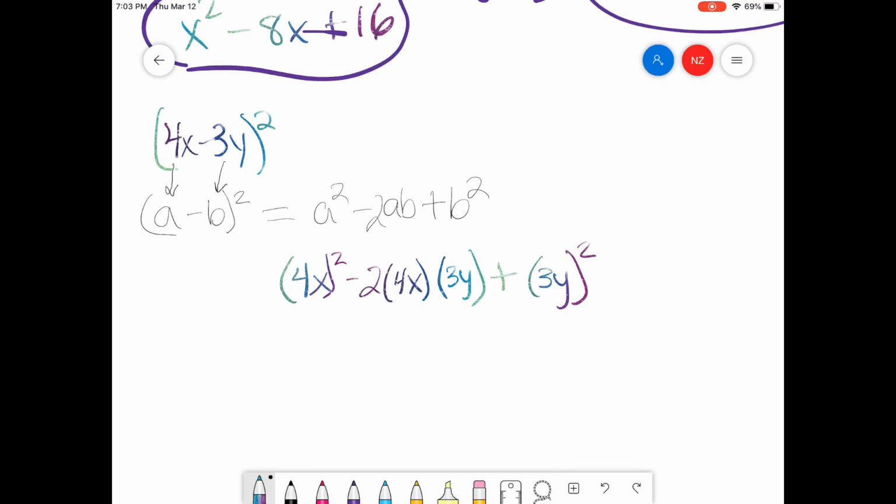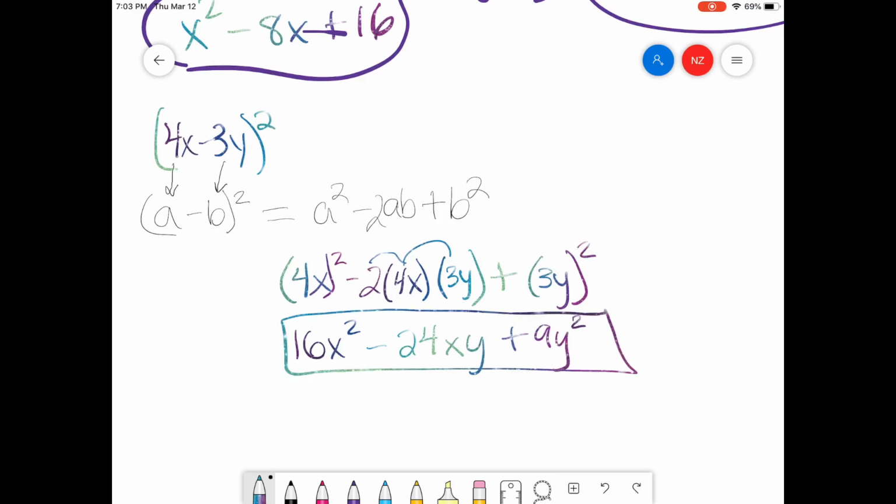Okay, so then I have 16x squared. That would give me 8, and then 8 times 3 is 24, so minus 24xy, and then I have 9y squared is my answer.